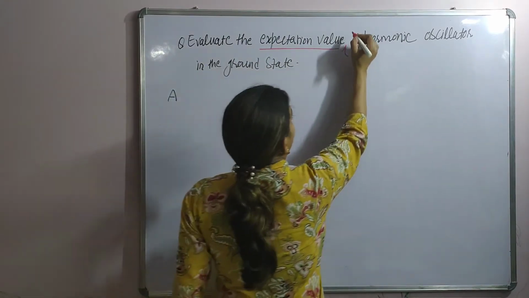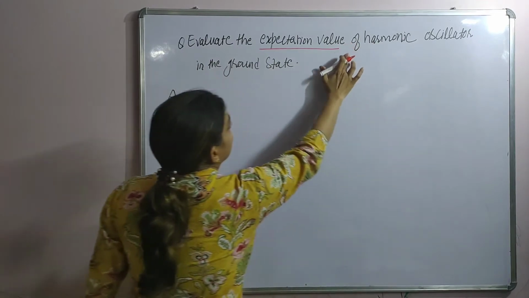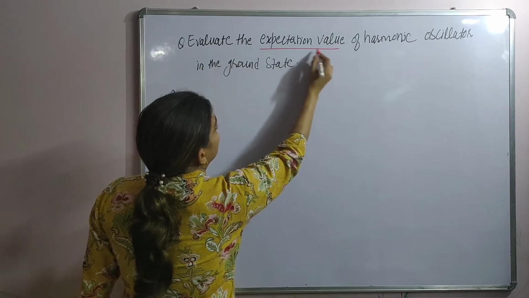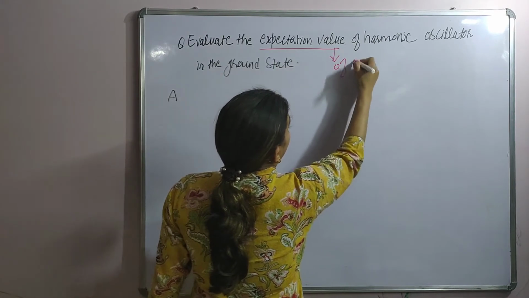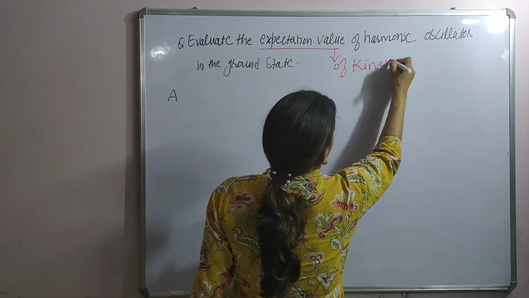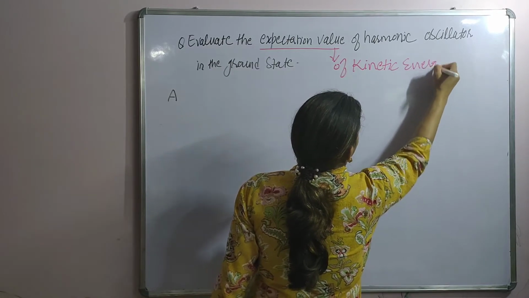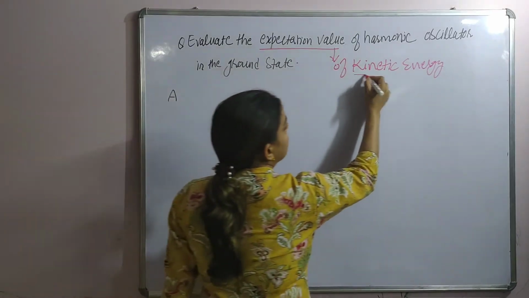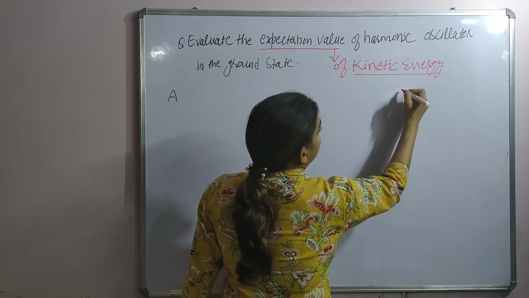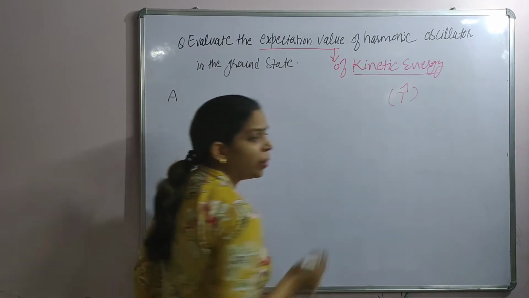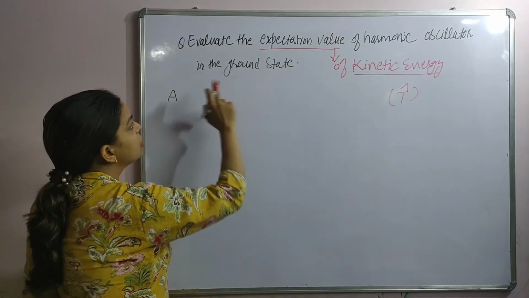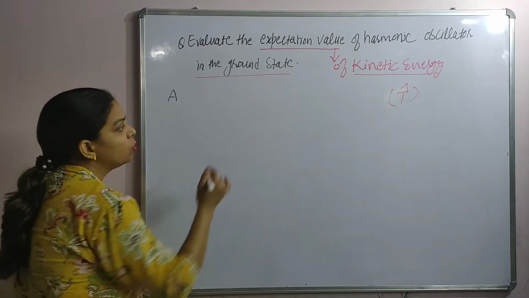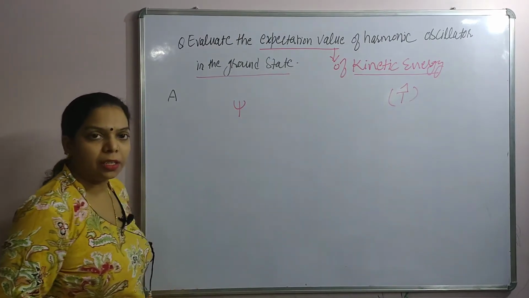Evaluate the expectation value of kinetic energy of harmonic oscillator. We must know what is kinetic energy, given by the operator T, for the harmonic oscillator in ground state. That means we also must know the wave function for ground state.